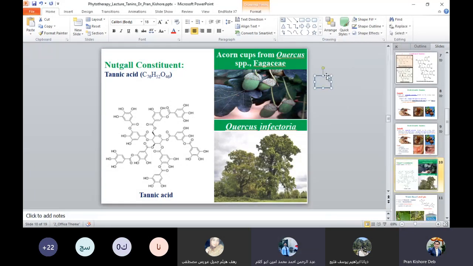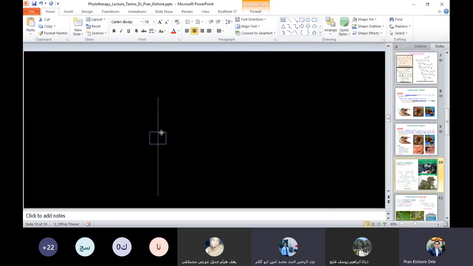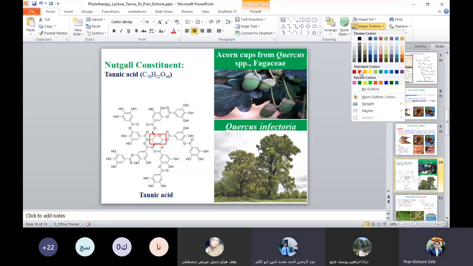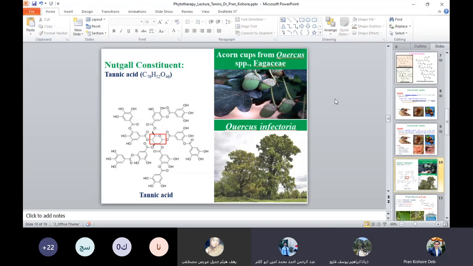How many sugars? Only one sugar, you see in the middle. Can you see that? Yes, only one sugar in the middle. It is only one sugar.